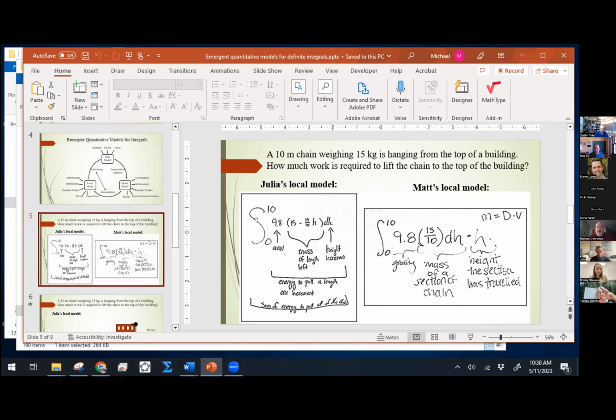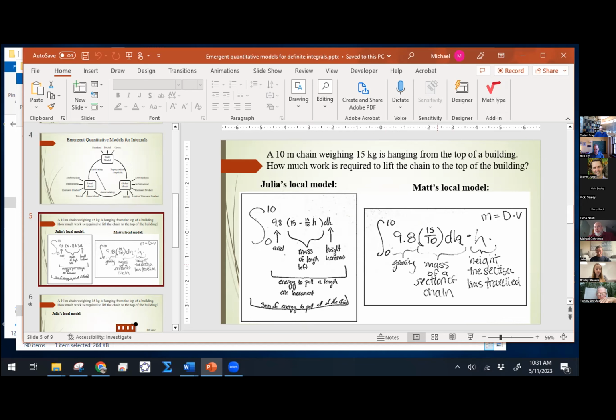She could eventually think about the integrand, the 9.8 times the mass quantity in parentheses here, as perhaps a rate, and think about the integral that way. That's the typical Riemann sum structure: think of the integral as a limit of sums of a function times delta H quantities.